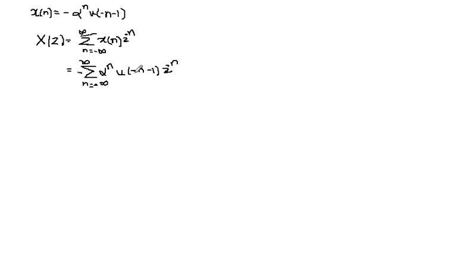We know the u of minus n minus 1 signal. So we first draw what the u of n signal is. We know the u of n signal is from 0 to infinity, with samples at 0, 1, 2 and so on.